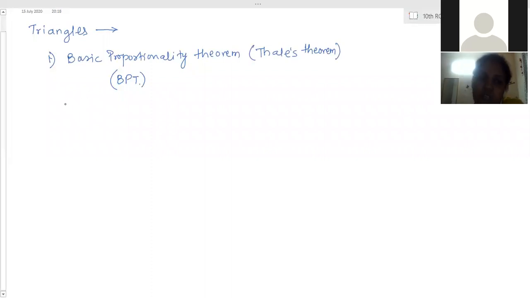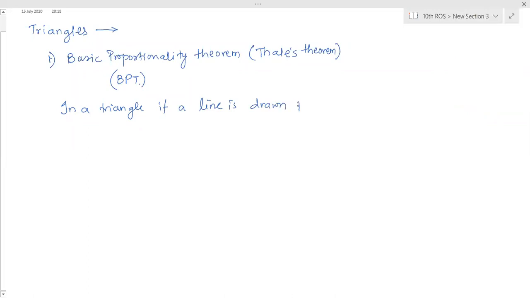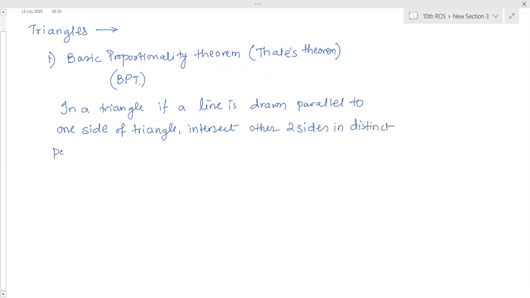Basic proportionality theorem tells that in a triangle, if a line is drawn parallel to one side of a triangle, intersecting the other two sides in distinct points, then that line divides the two sides in equal ratio.